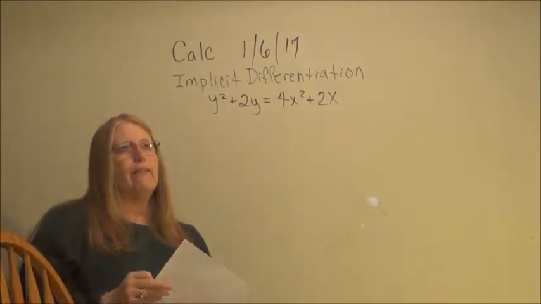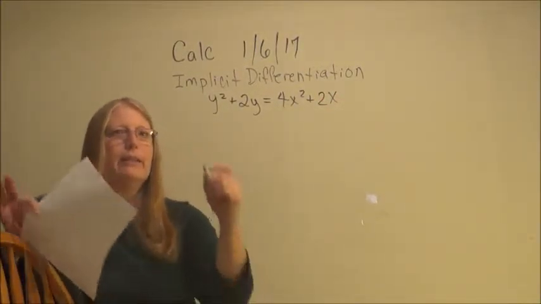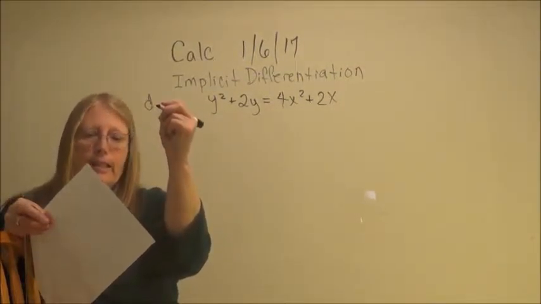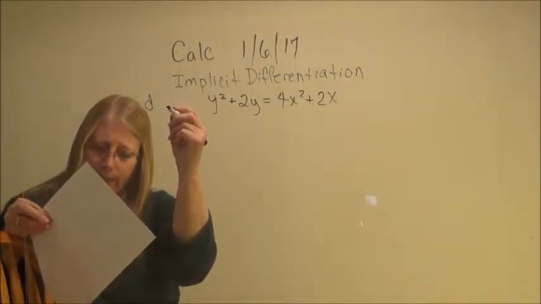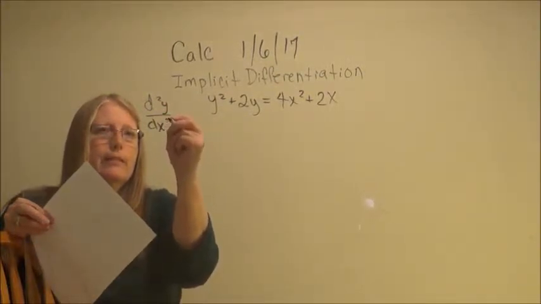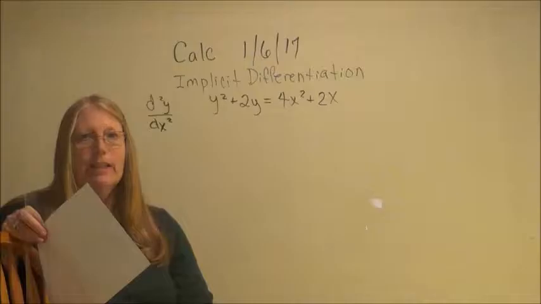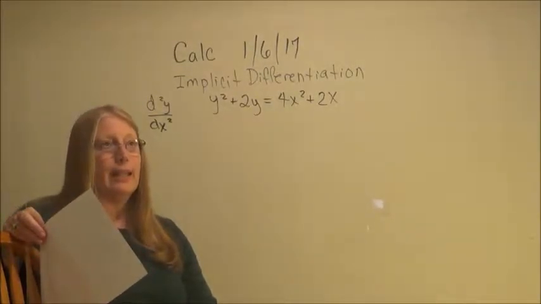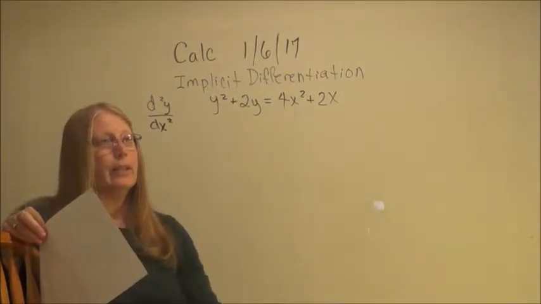So go ahead and find, the command this time is find the second derivative, which is going to be represented by this symbol. So let's just read it: the second derivative of y with respect to x. So that's what we're looking for.